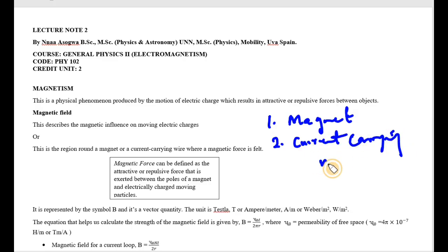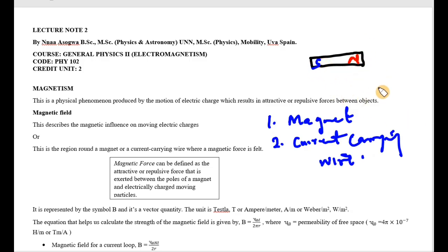So a magnet has magnetic field around it. If this is a magnet having the north and south pole, let's use this for the north and this for the south.